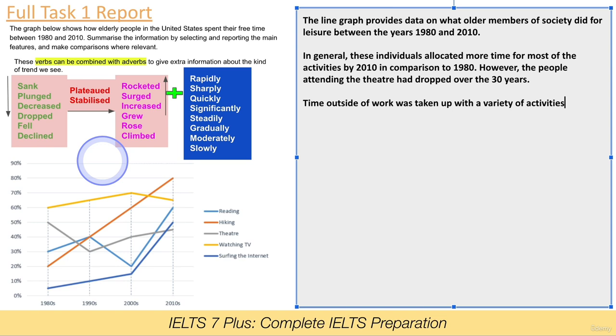That's quite a nice way to start this. And in the 1980s, older people were spending more time on, what were they doing? Oh, watching TV, and maybe hiking or reading, perhaps.